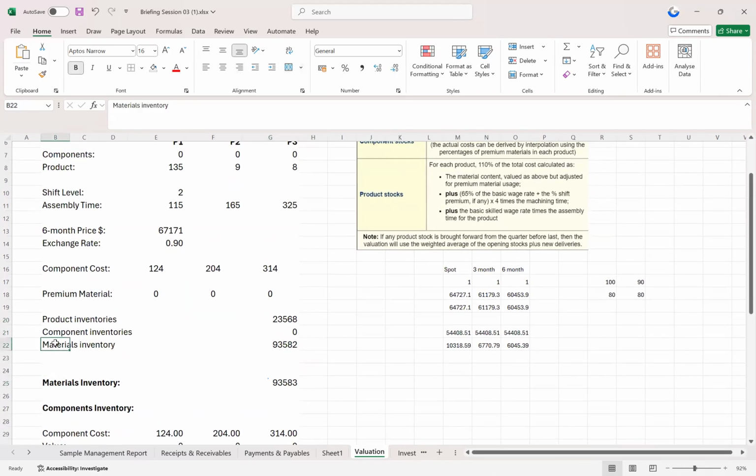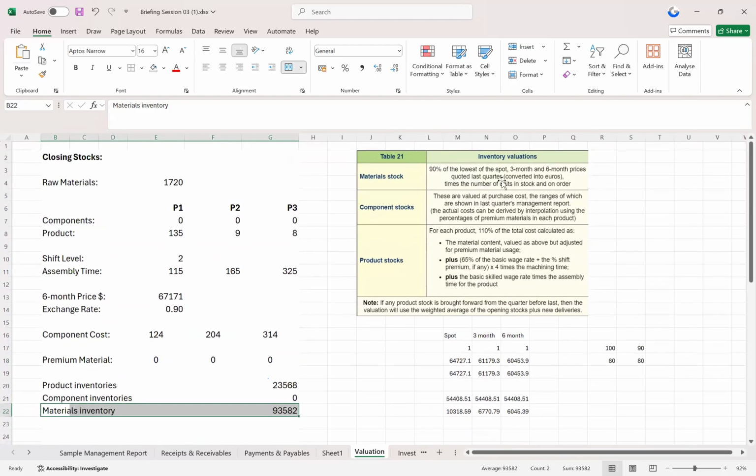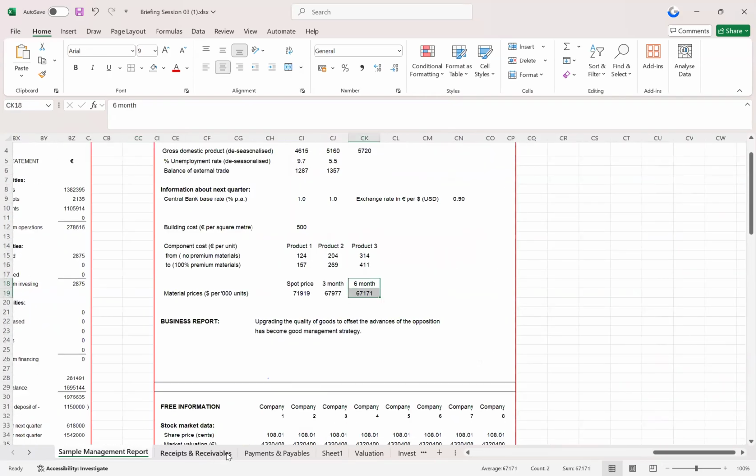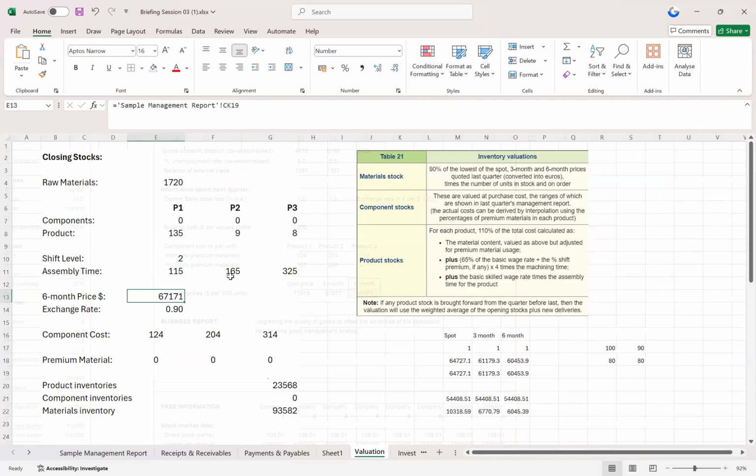Now let's calculate first for the materials inventory. For material stock, it is mentioned that it is 90% of the lowest of the spot, 3-month and 6-month prices quoted last quarter, converted into euros, times the number of units. We know the lowest is going to be the 6-month price, so I have copied the 6-month value.